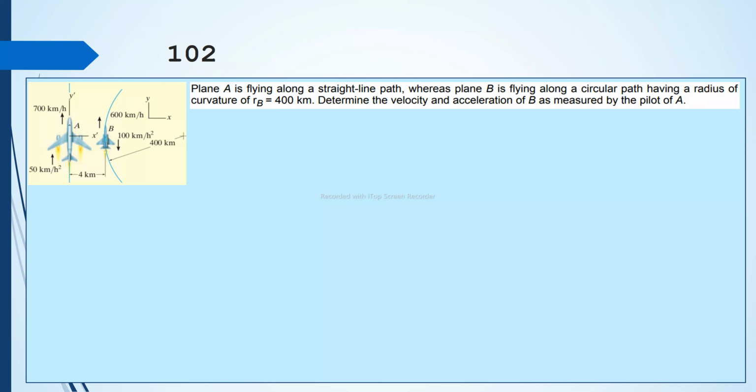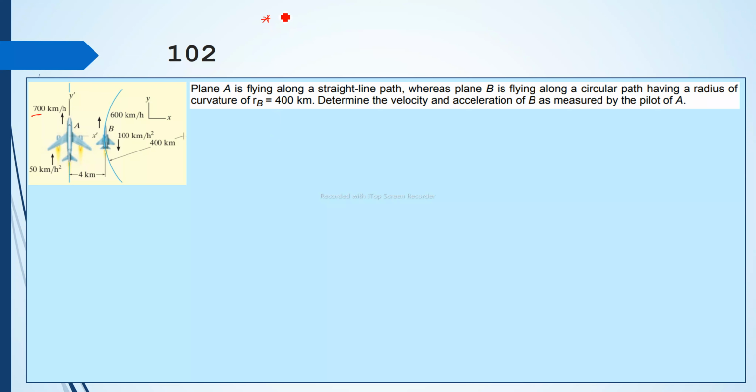We have plane A flying a straight line path, whereas plane B is flying along a circular path having a radius of curvature equal to 400 kilometers. Determine the velocity and acceleration of B as measured by the pilot of A. So let's write our givens.